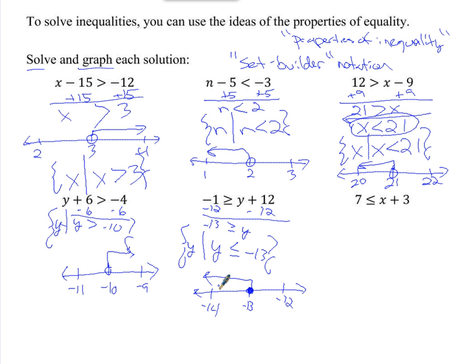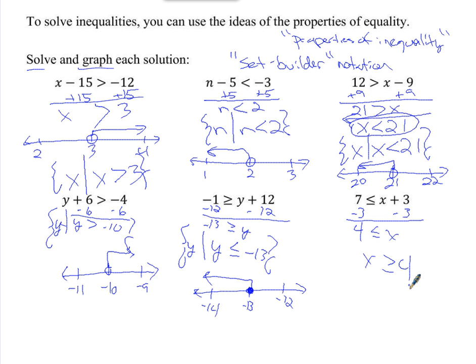And finally, what do we do here? Subtract 3 from both sides and we get 4 here, is less than or equal to x. That's in the wrong order again, so we read it backwards. X is greater than or equal to 4.